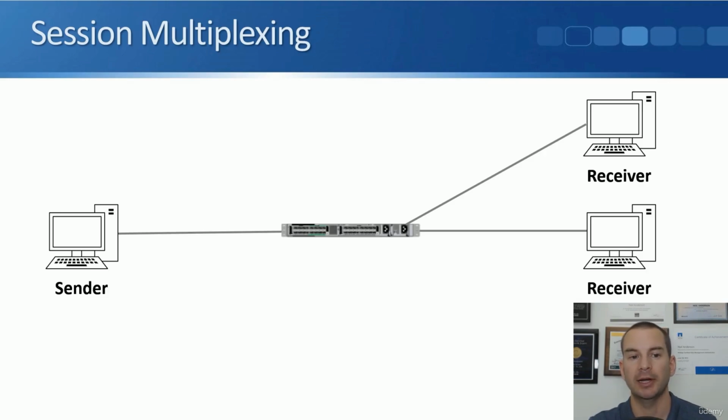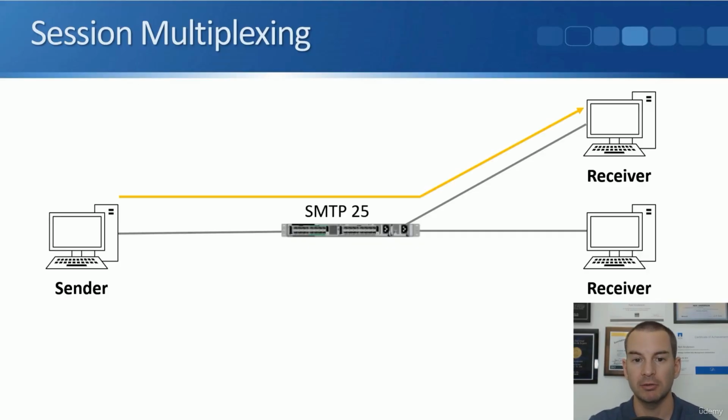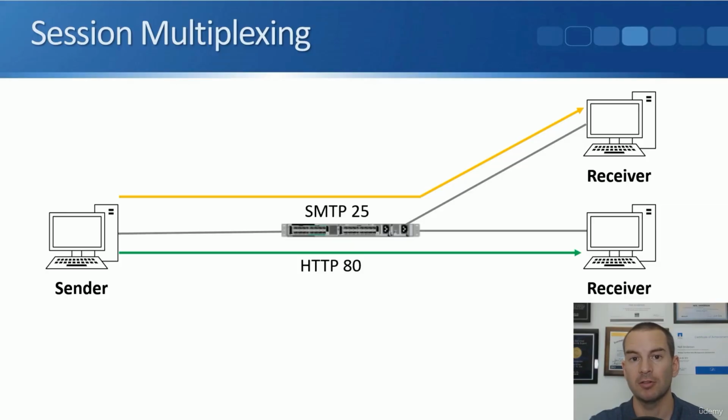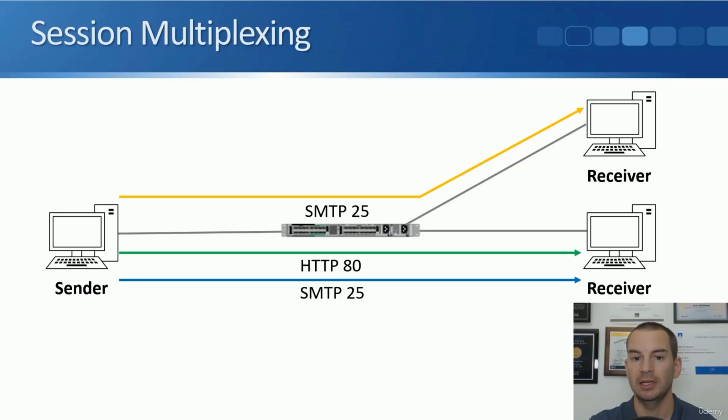In the example here, I've got a sender on the left, and a couple of receivers over on the right. The sender sends some email SMTP traffic to the top receiver on port 25. It also sends some web traffic on HTTP port 80 to the bottom receiver, and it's also sending email traffic on port 25 to the bottom receiver as well.